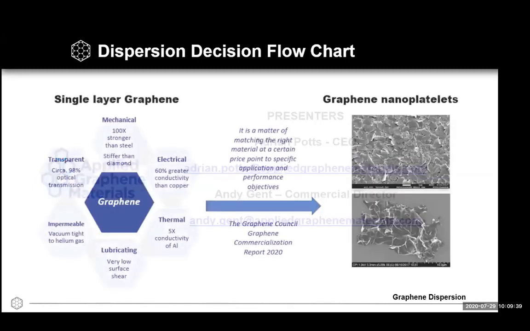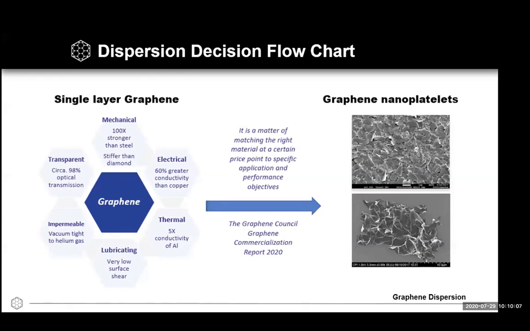So Terence covered the background to a degree on this remarkable material called graphene. When you look at the single layer performance of that material, remarkable properties. The key thing in terms of practical application of this material is how you translate those properties into real applications.